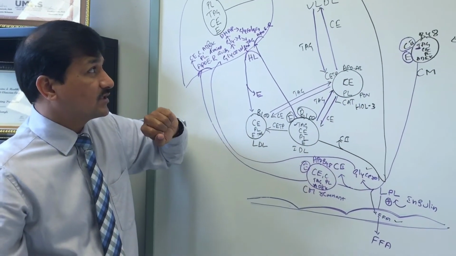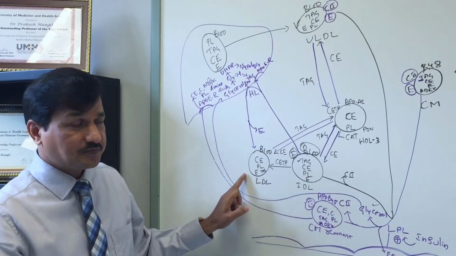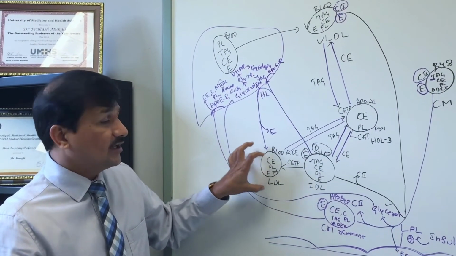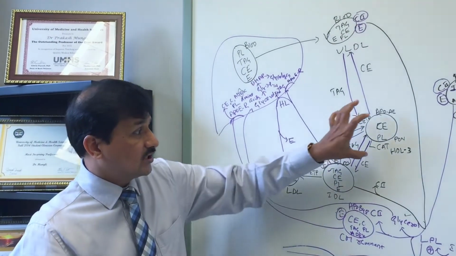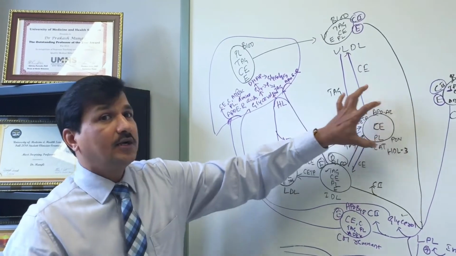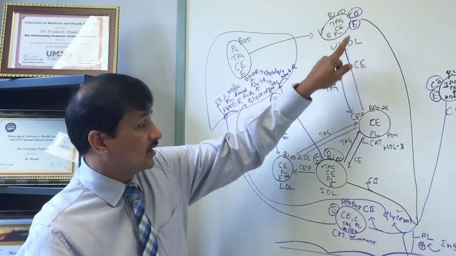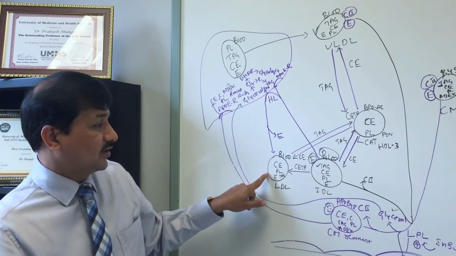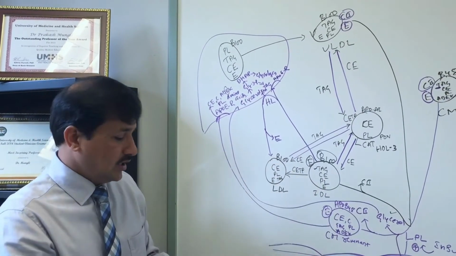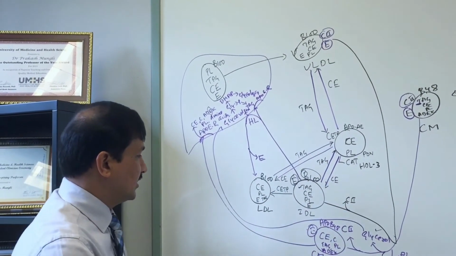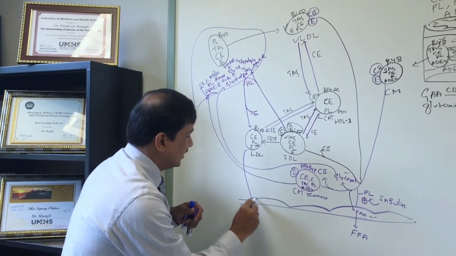Ultimately what happens, as we have seen, VLDL is converted to IDL, IDL is converted to LDL. So LDL is getting rich in cholesterol ester. It means cholesterol ester that was there in the HDL3 ultimately ends up in the LDL molecule. Once this LDL is synthesized and matured, 40% is taken up by the extrahepatic tissues by LDL receptor.